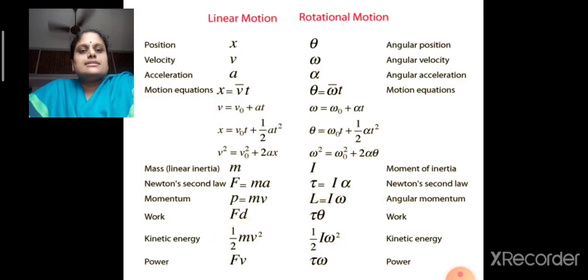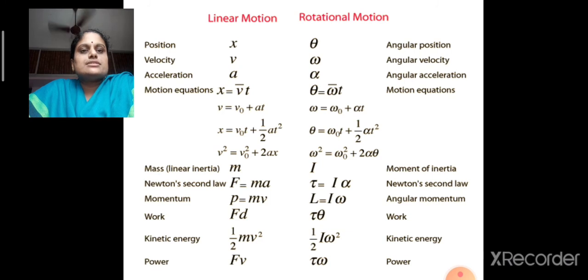Now let us consider a comparison between linear motion and rotational motion. In linear motion, position is x, while in angular motion it is theta. Velocity is v, while it is omega in rotational motion. Acceleration a, in rotational motion it is alpha, angular acceleration.